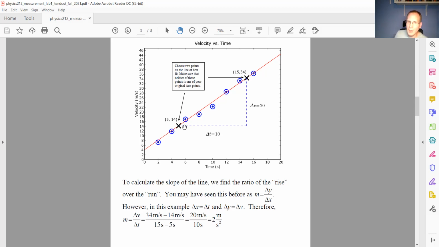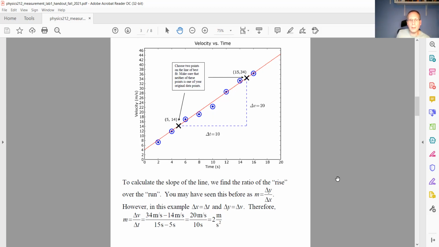So if you have velocity versus time and you have a linear fit, then that slope is the acceleration, and it ends up being constant in this case. So 2 meters per second squared would be the acceleration. Again, the important thing was make sure you pick 2 points on the line of best fit if you're going to calculate a slope by hand.